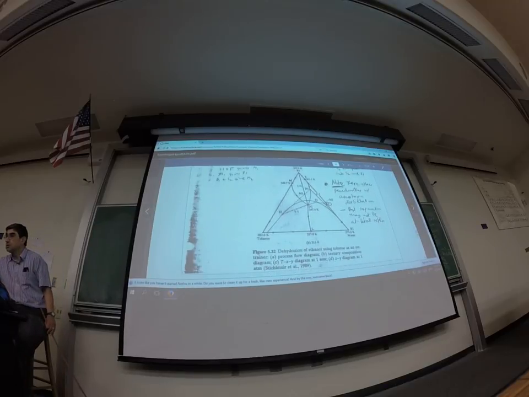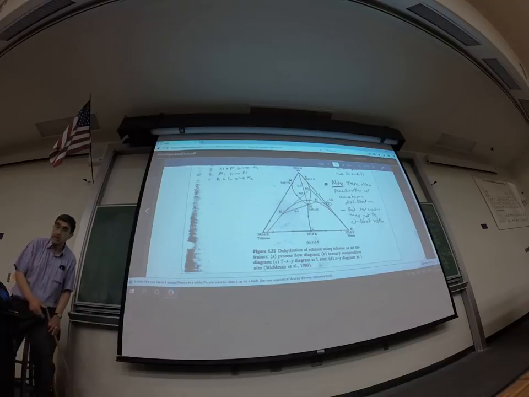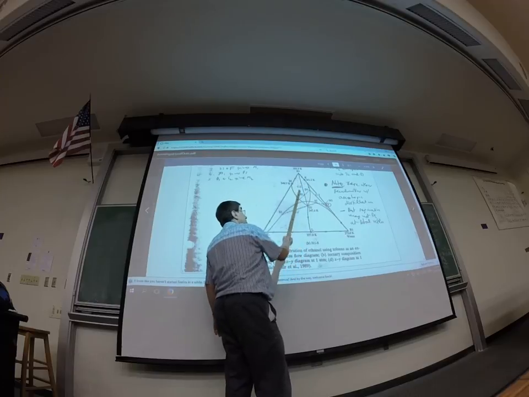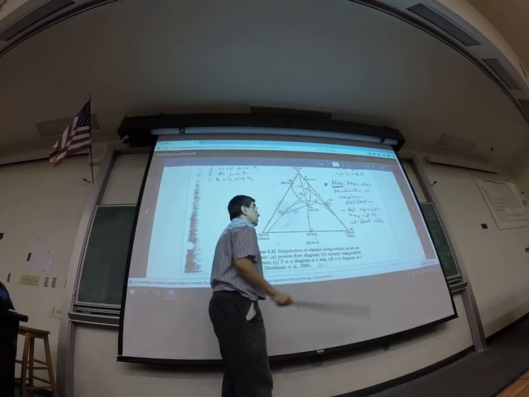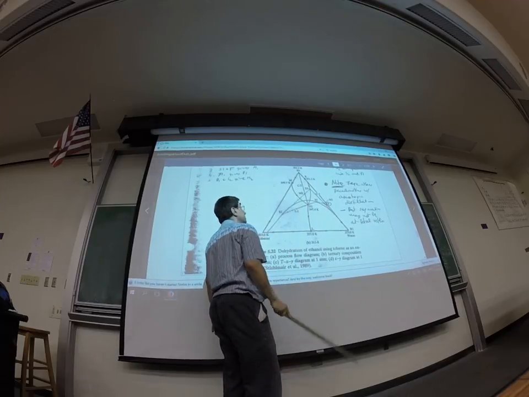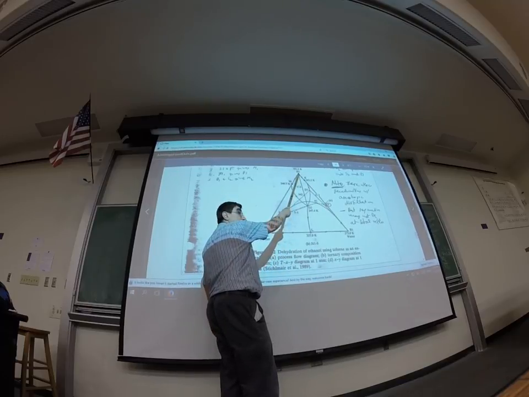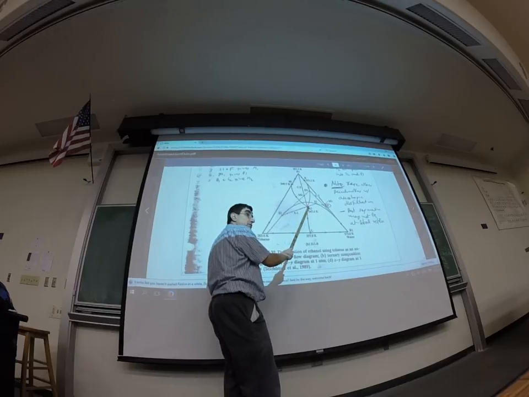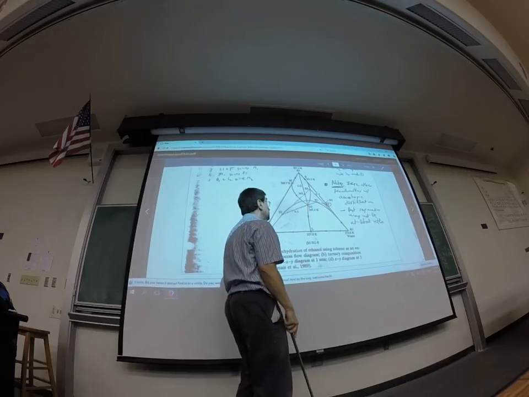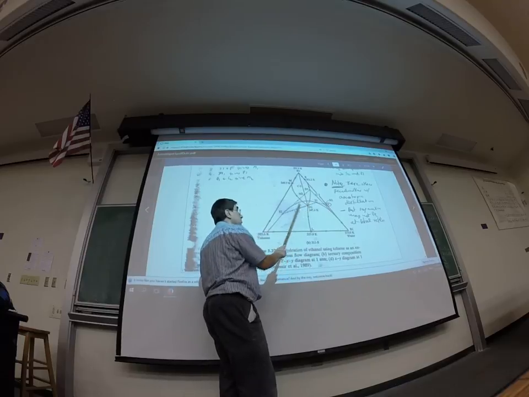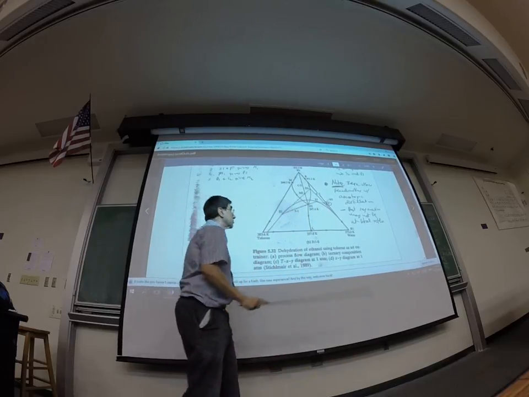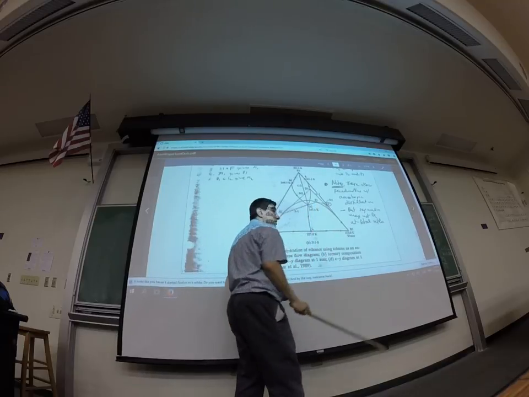Okay. And again, I showed this before. That's how it works. Here is the operation of that second column. So you have a feed in this region. Here's your bottoms, your ethanol, and here is your distillate, which has a lot of water. Okay? But that distillate was not leaving like that as distillate.